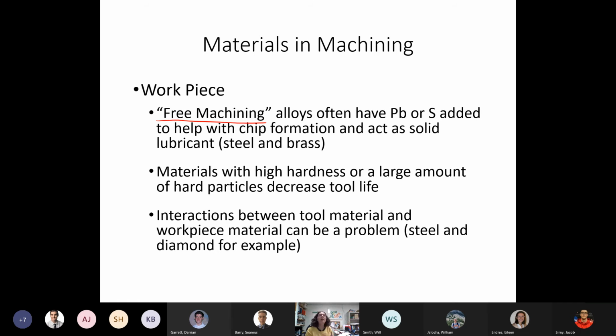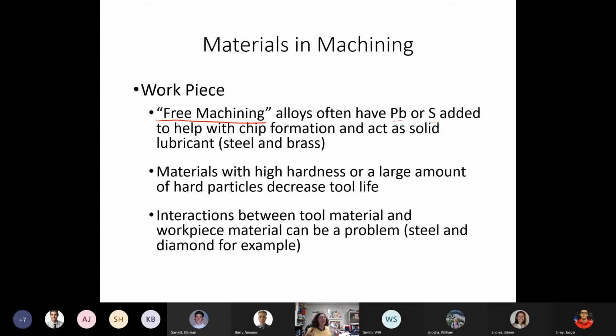But if we want to help machining, then if we add lead or sulfur, as our textbook says, that can help with chip formation, maybe a little lubricant, and in many cases, especially with sulfur, it is related to forming inclusions. So we do have free machining alloys. We do have to be careful with these, but these do machine better: less power, less temperature, better surface than we would see with a non-free machining alloy.